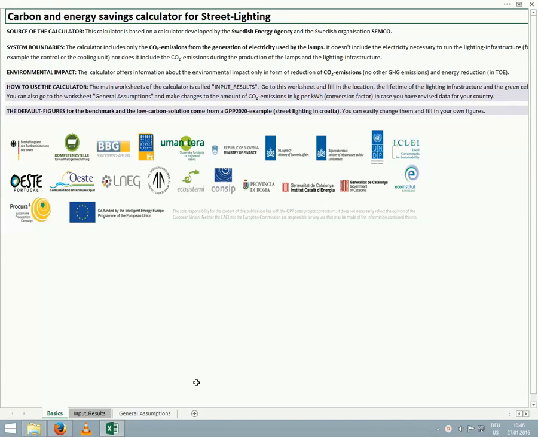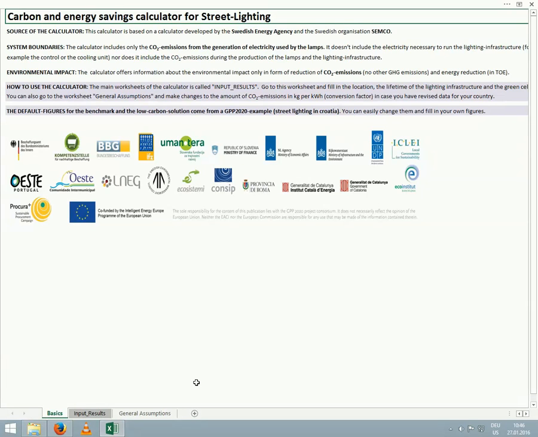Right now, we are on the first worksheet, Basics, which offers information about the calculator, like its affiliation with the European Commission Green Public Procurement 2020 project, and the organizational partners that have helped produce it.